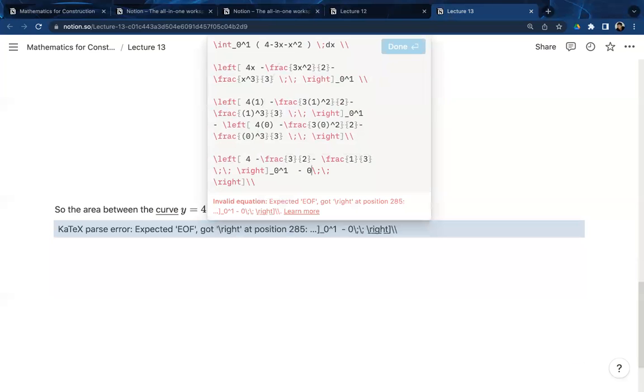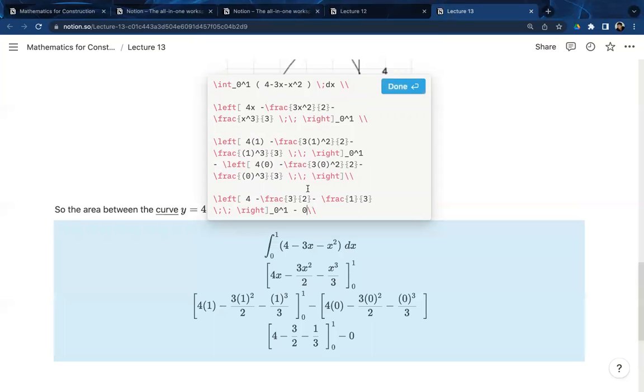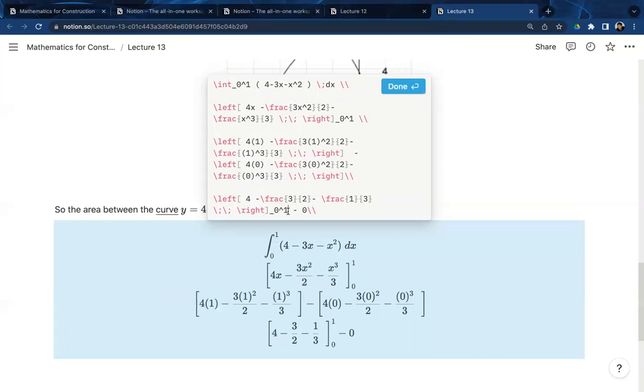The evaluation part is easy in a sense. The left bracket, 4 minus 3 over 2 minus a third. It's really just fractions where I need to take out this 0, 1 here.